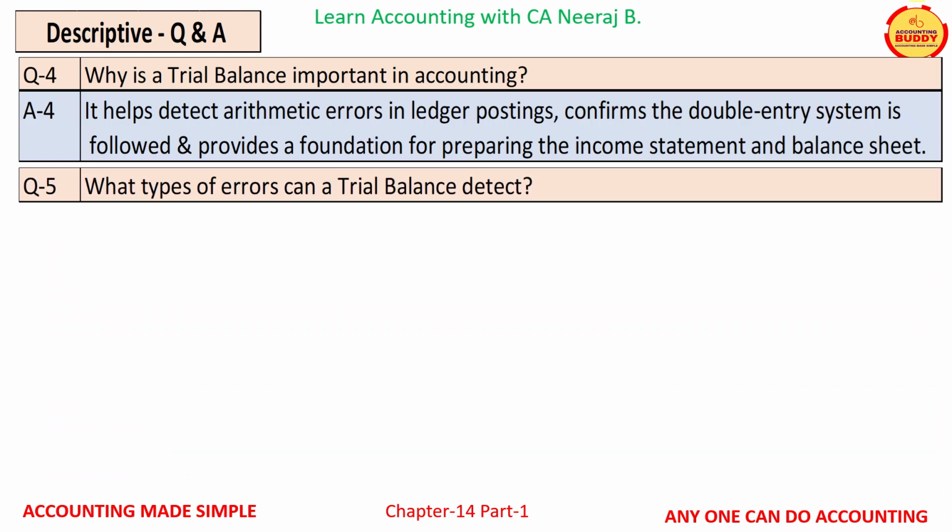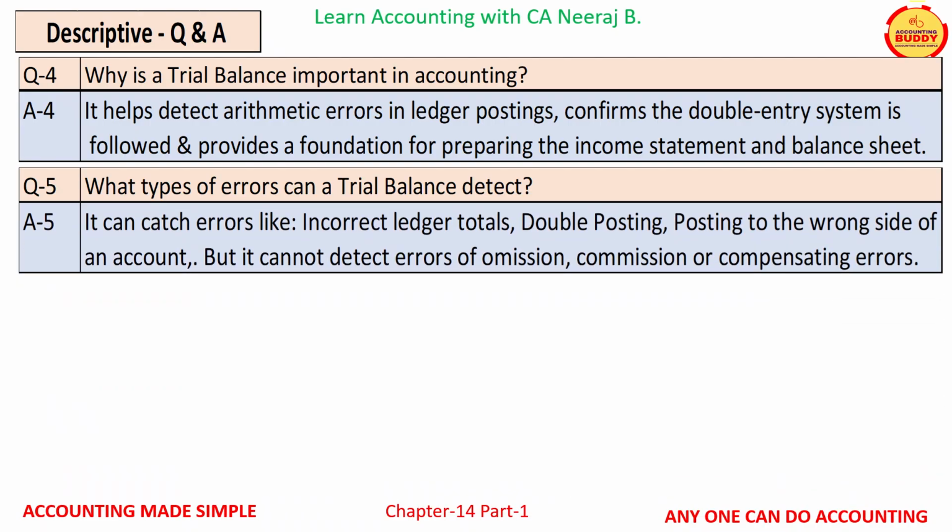Question number 5 is, what types of errors can a trial balance detect? And the answer is, it can catch errors like incorrect ledger totals, double posting, posting to wrong side of an account, but it cannot detect errors of omission, commission or compensating errors.